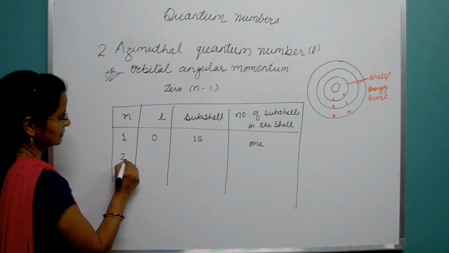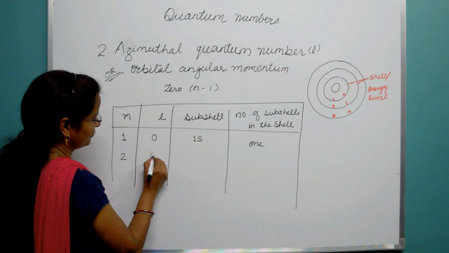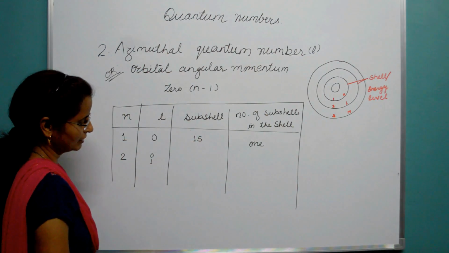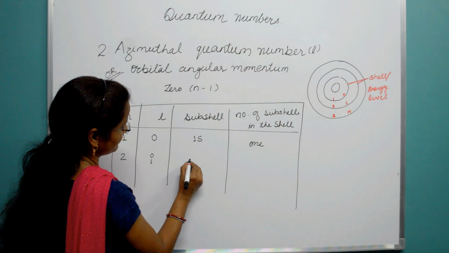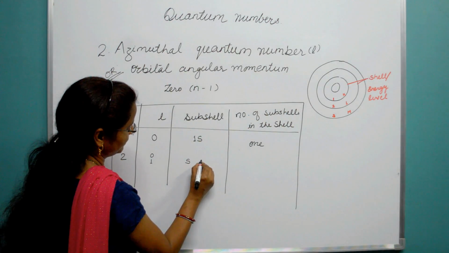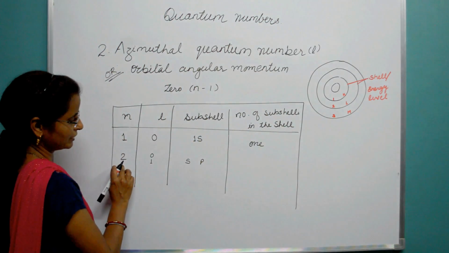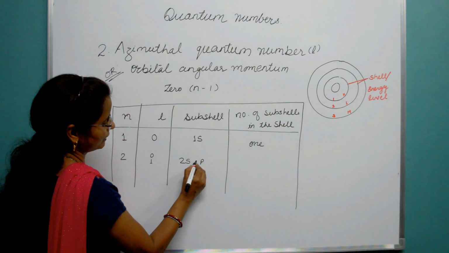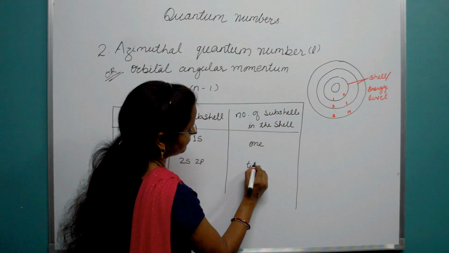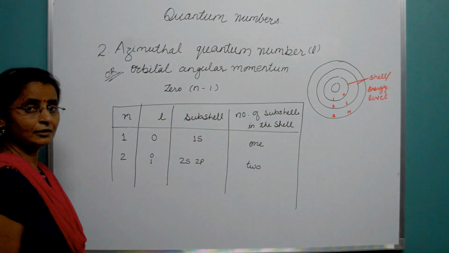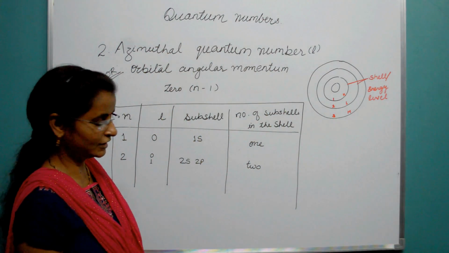If n is equal to 2, then the values of L are 0 and 1. So two subshells are present, s and p. The principal quantum number is 2, so 2s and 2p, two subshells in the second energy level.